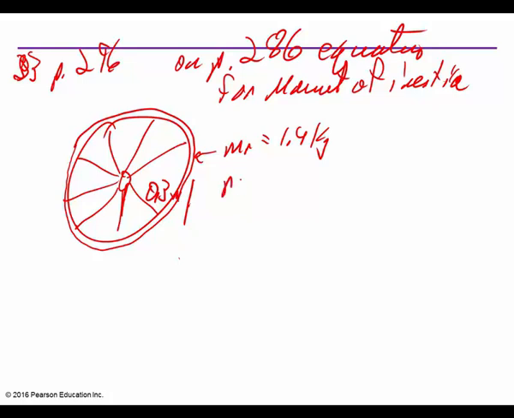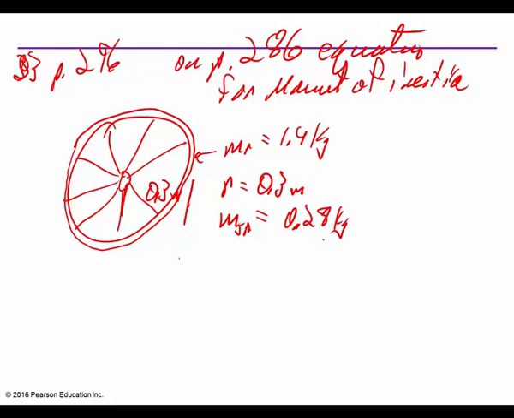So that's the radius, R, 0.3 meters. Now the spoke mass, M for the spoke, is 0.28 kilograms. Now it says, what is the moment of inertia of the wheel about an axis through its center?